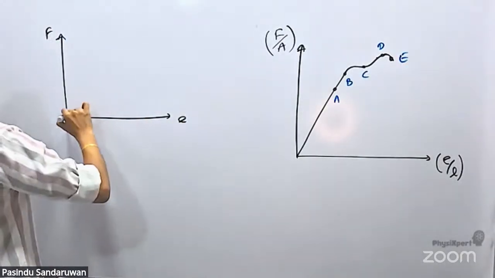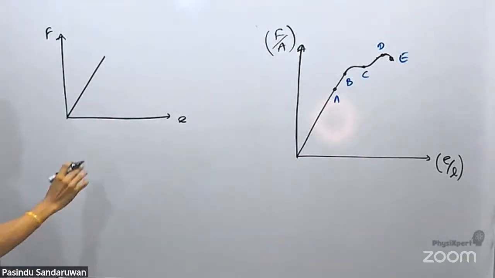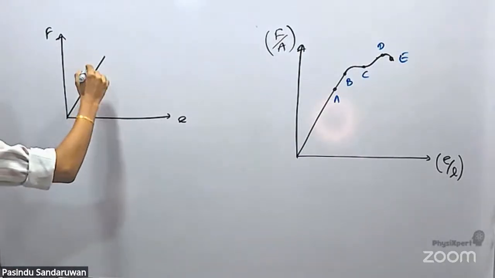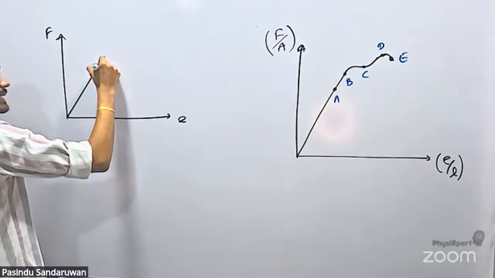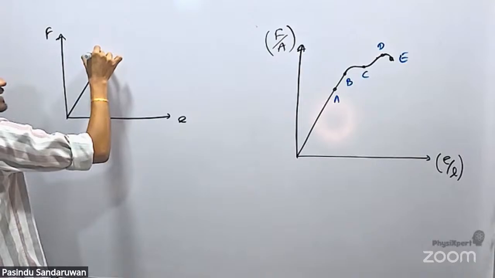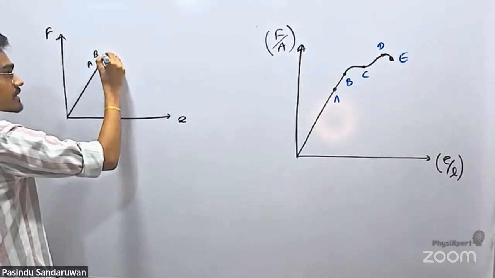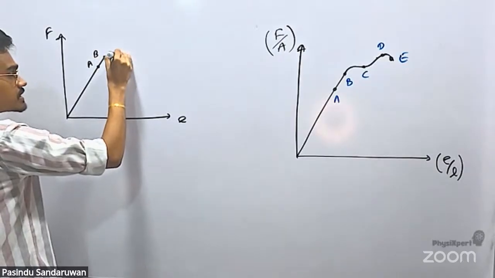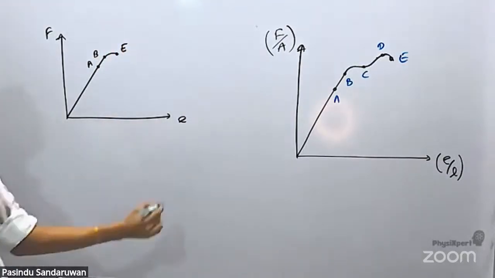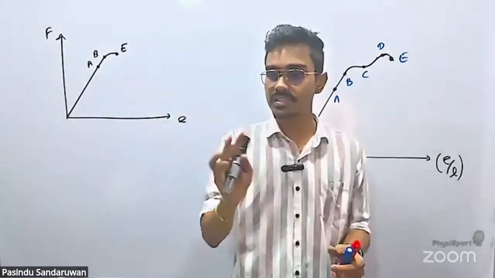Now, for brittles also, it has a certain, very small, what we call the proportional limit and an elastic limit, but they are very small. And just after the elastic limit, it ruptured, because they can't undergo plastic flow.